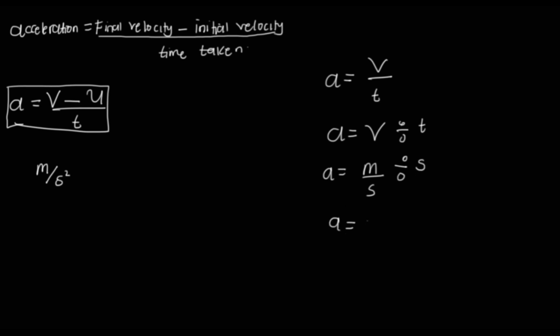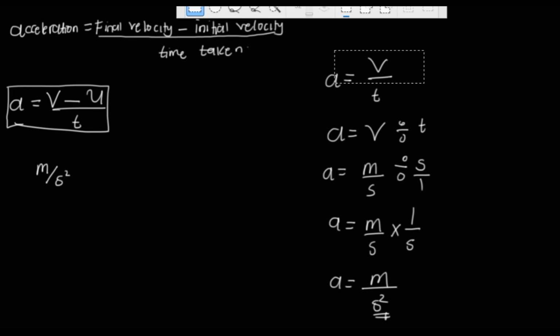Changing the division to multiplication, we turn the fraction upside down, giving m times 1 is m, over s times s is s squared. This is how we can derive the units of acceleration.